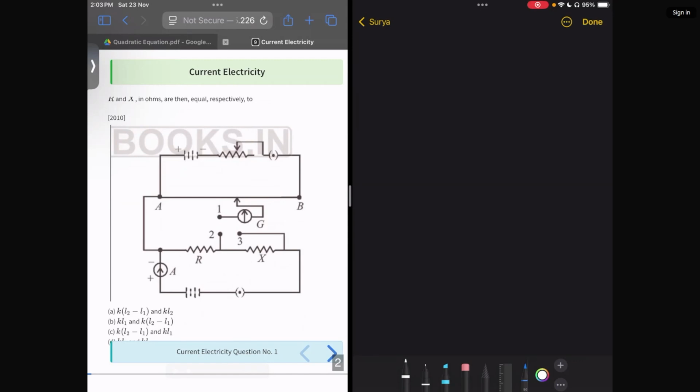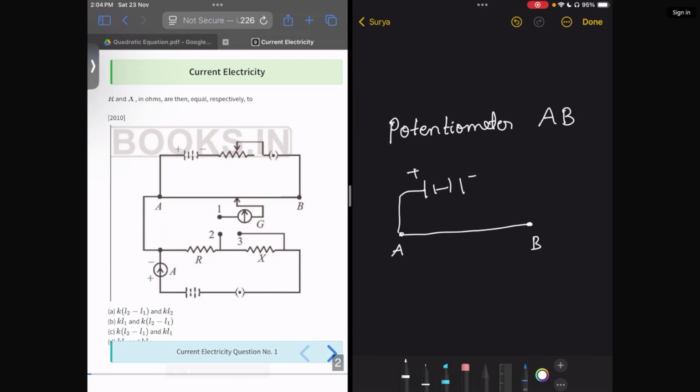So what is a potentiometer here? As shown in the figure, a long uniform wire AB is connected to a stable power source.